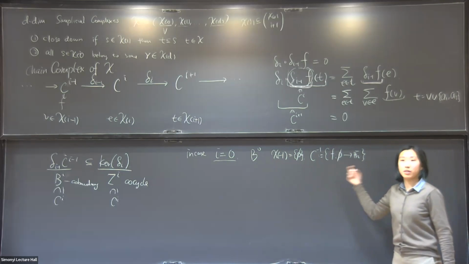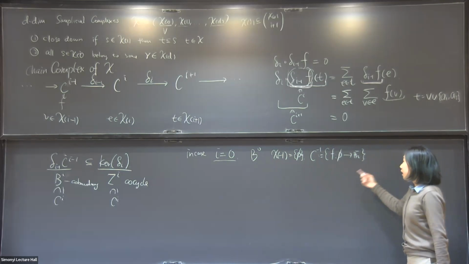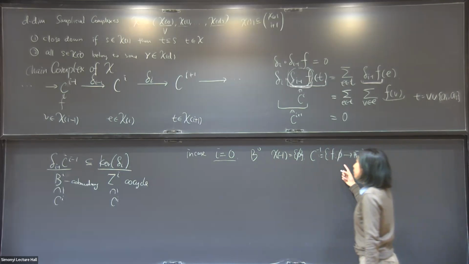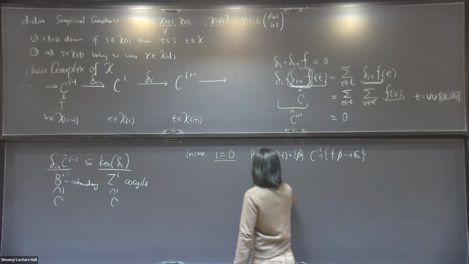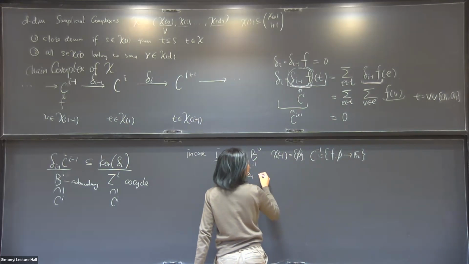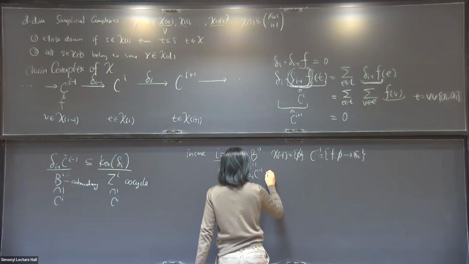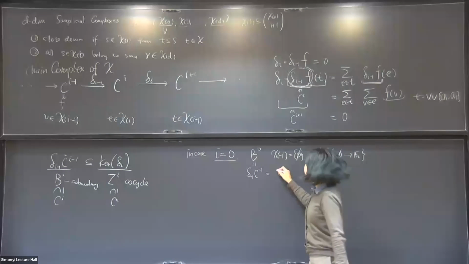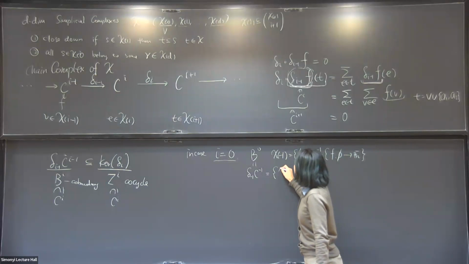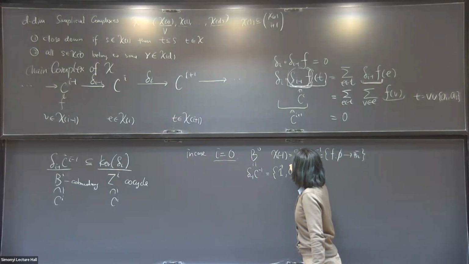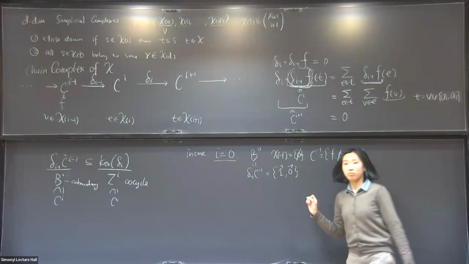So there are just two functions here, and we can define its image. B0 being its image would be delta_{-1} of C_{-1}. It would just be the constant functions over vertices. So it would be the all-1 function and the all-0 function.